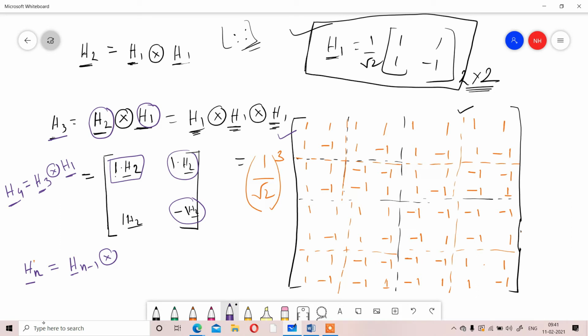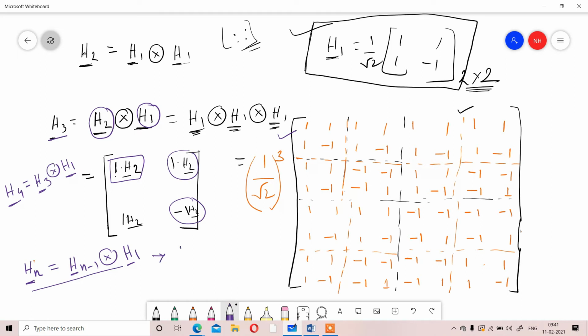So what will be the simple equation to calculate the Hadamard transformation matrix is that if the order n of a transformation matrix I am trying to calculate, that is Hn matrix is equal to Hn minus 1 Kronecker product with H1. That will be the equation.